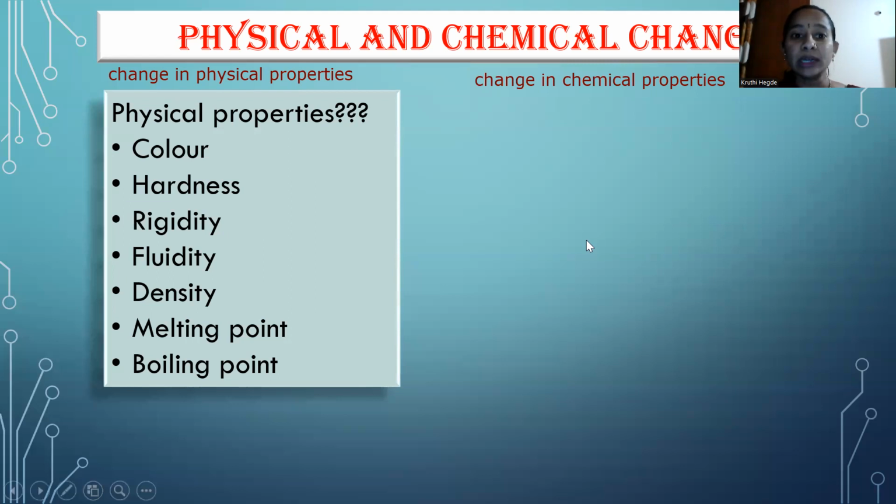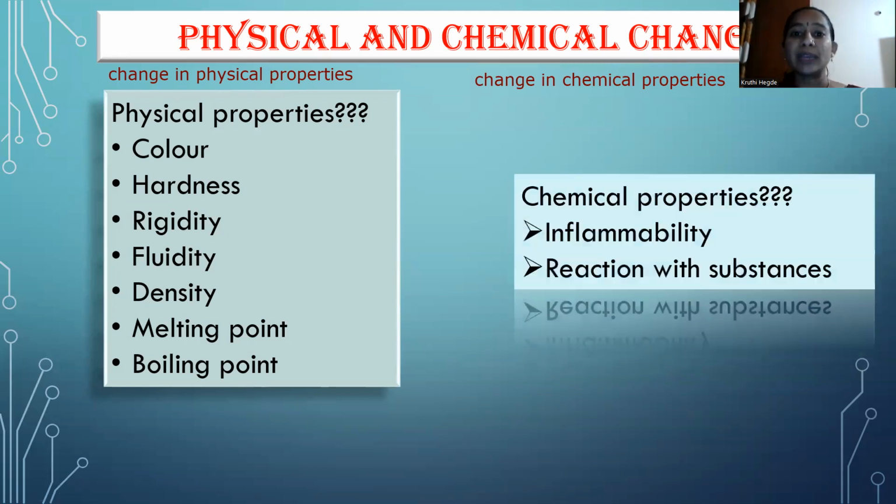Before that, what are chemical properties? Chemical properties mainly mean inflammability, whether the substance will burn or not, and when it burns, what substance it will produce, and reaction with other substances. What happens when a substance reacts with water or mixes with acid? Those things are chemical properties. If there is a change in chemical properties, then it's called a chemical change.